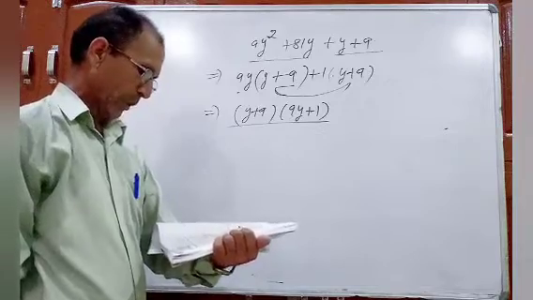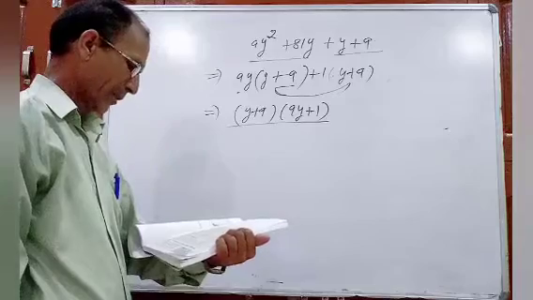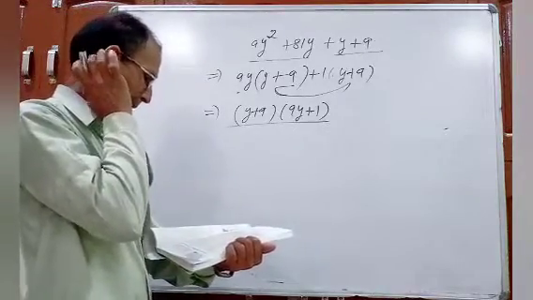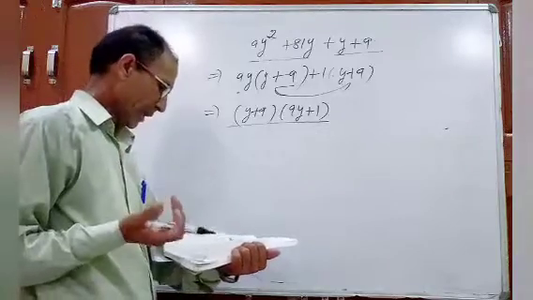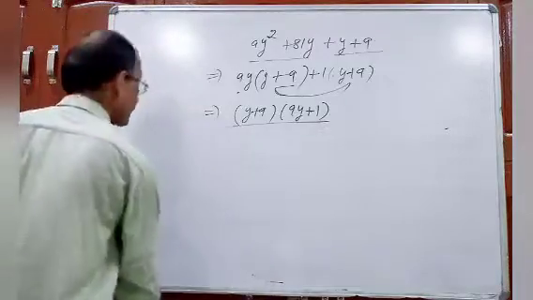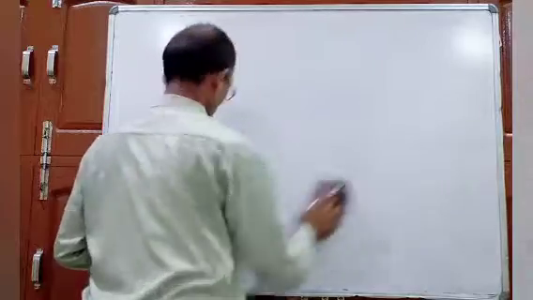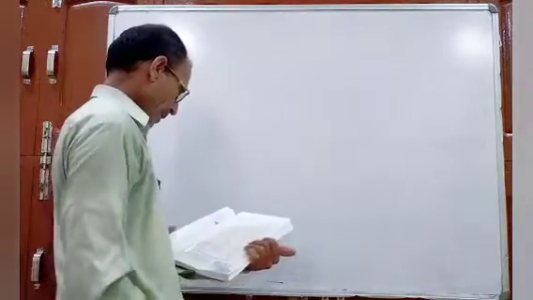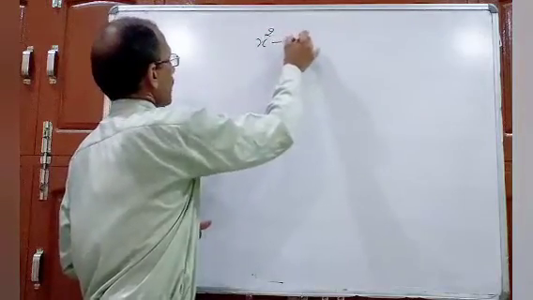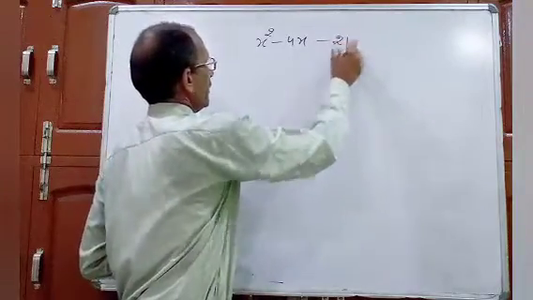So question number 4. This type we have already solved. So one more question I am taking. If you have any doubts, you can write in the comments box. Question number 4: x square minus 4x minus 21.